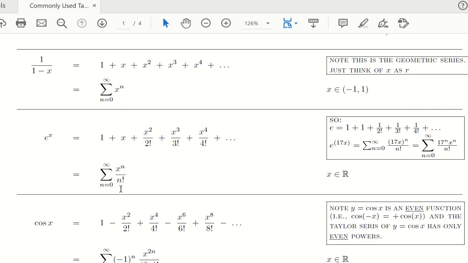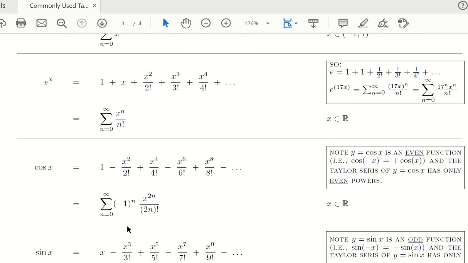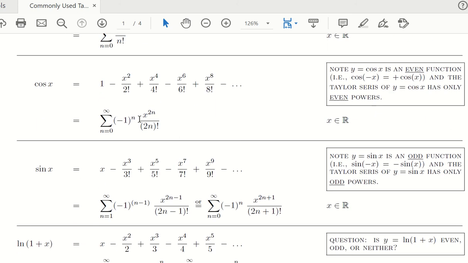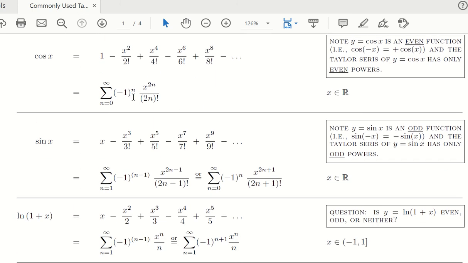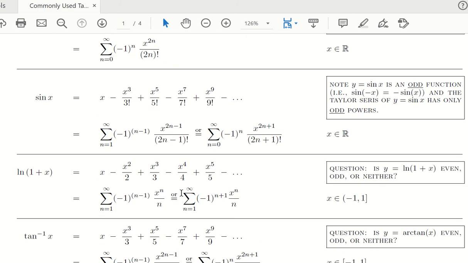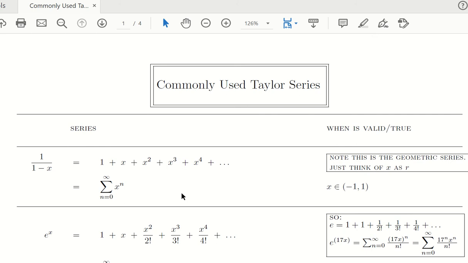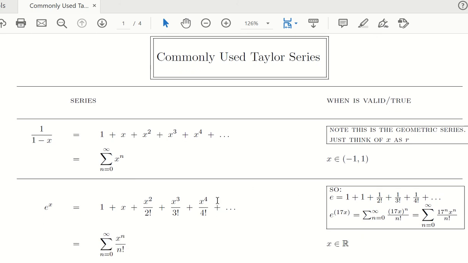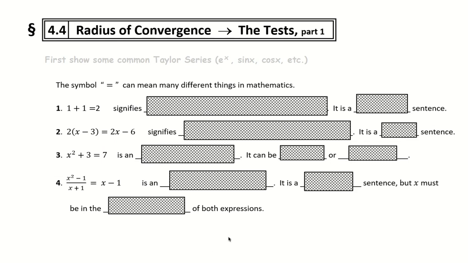This series represents e to the x, and it converges for all values. There are some major different types, like this one for cosine of x, which converges for every x. There's a handful of noteworthy functions and their power series and how they converge. But I don't want to spend too much time on this first part.